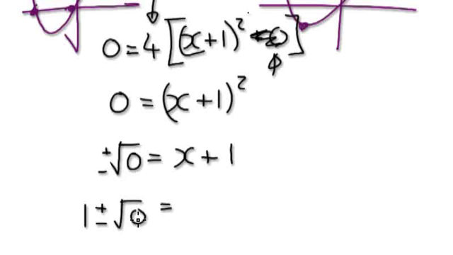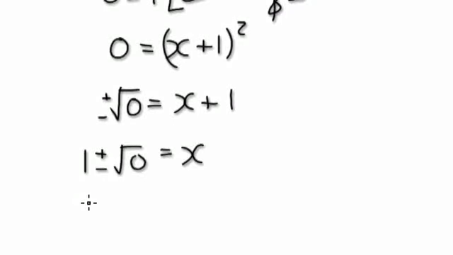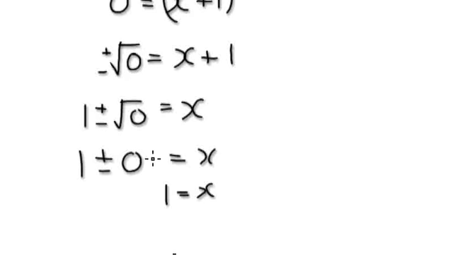Root 0 is 0, so x is minus 1 plus or minus 0. Basically x is minus 1, so there's only one solution here.